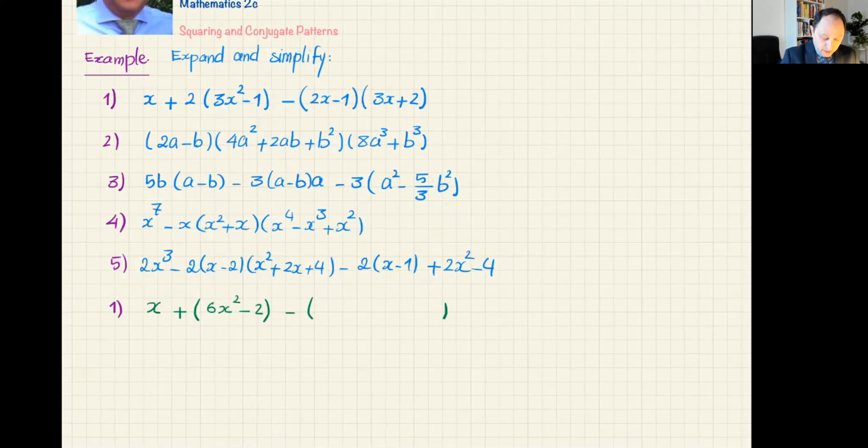So if I do that, then it becomes 6x squared plus 4x minus 3x and minus 2, yes? So if you multiply this by this, it gives me 6x squared. If you multiply this by the next one, it gives me positive 4x. And then if I multiply minus 1 by 3x, it gives me minus 3x, and minus 1 times 2, positive 2, it becomes negative 2 at the end.